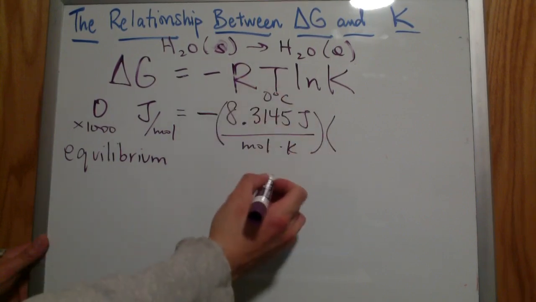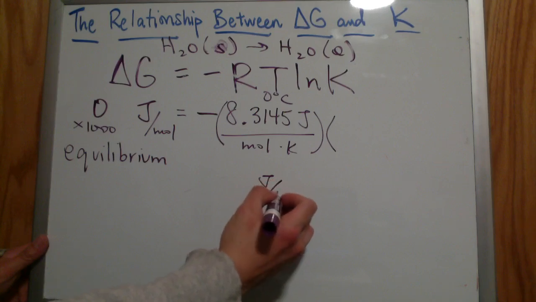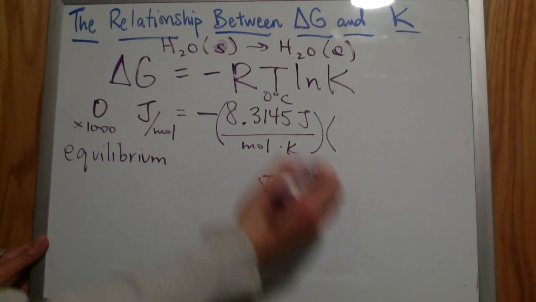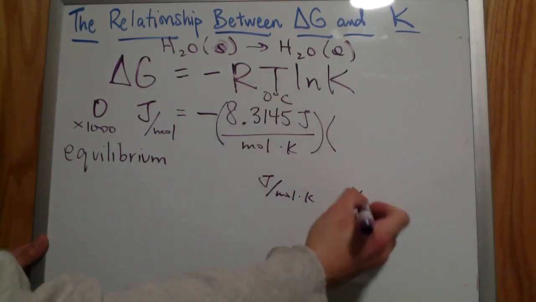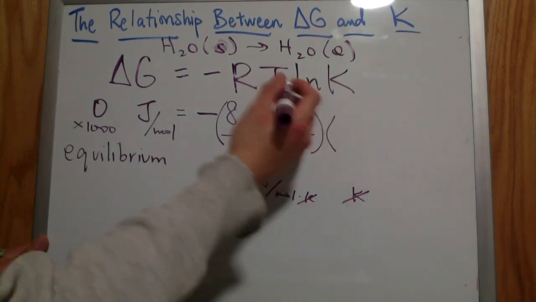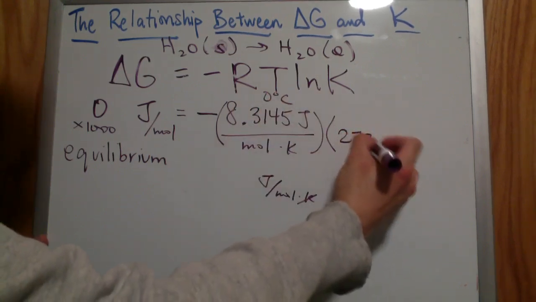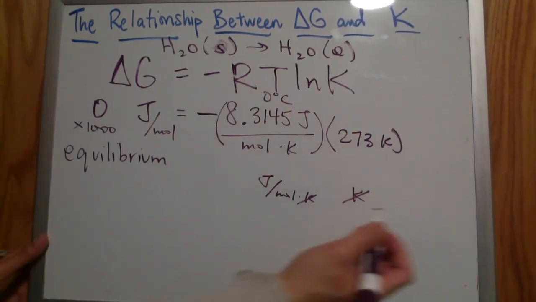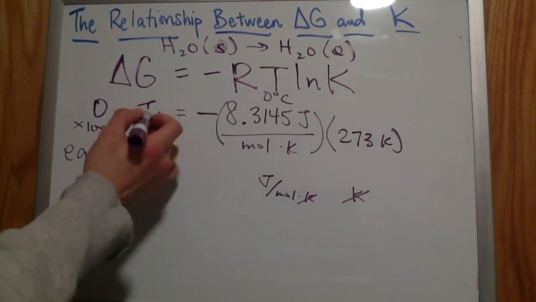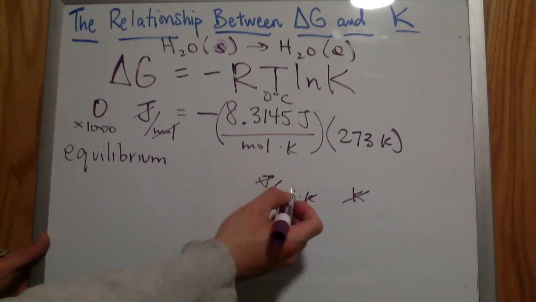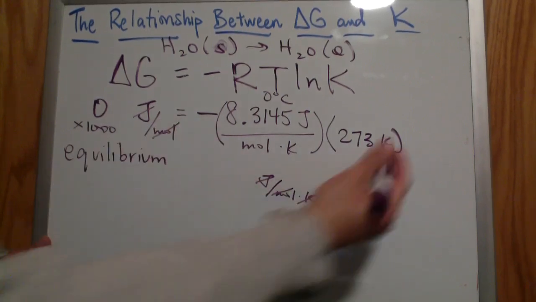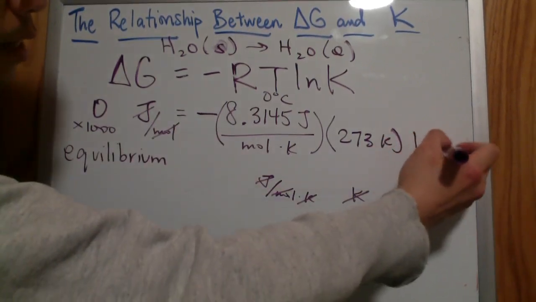First we have joules per moles times Kelvin here for R. The temperature needs to be in Kelvin, so we can cancel those out. So we add 273 to 0 degrees Celsius, so we have 273 Kelvin. And then if you notice, the joules and the moles cancel out on the opposite sides, and we'll end up with the natural log of K.